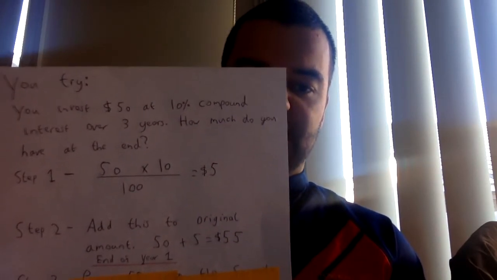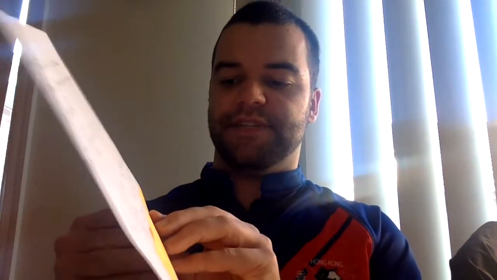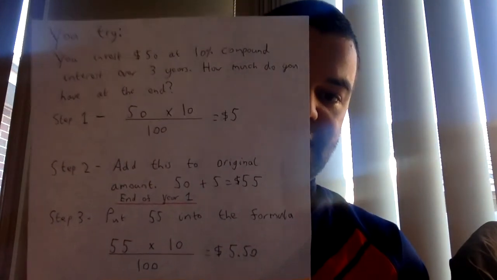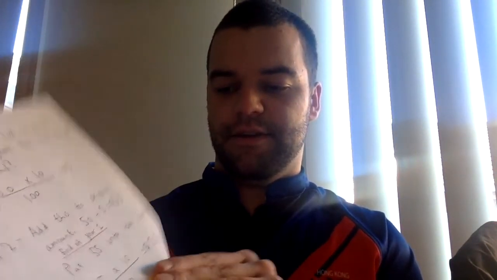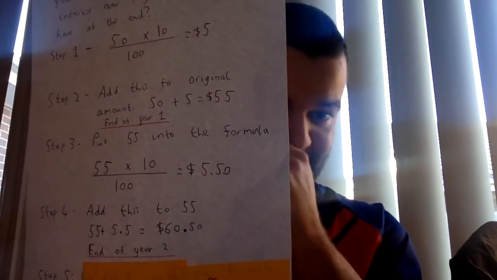So that $55 is now going to go into the equation. So for step 3, we do 55 times 10 divided by 100, which now gives us $5.50. For step 4, we're going to add that $5.50 to the $55. So that gives us $60.50 at the end of year 2.